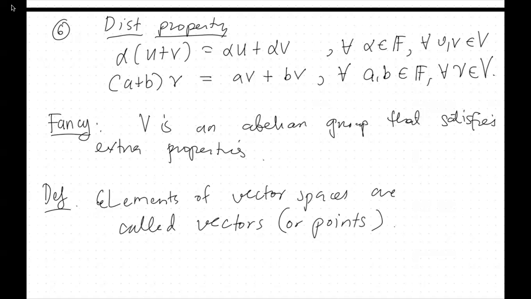Here we don't distinguish points from vectors.